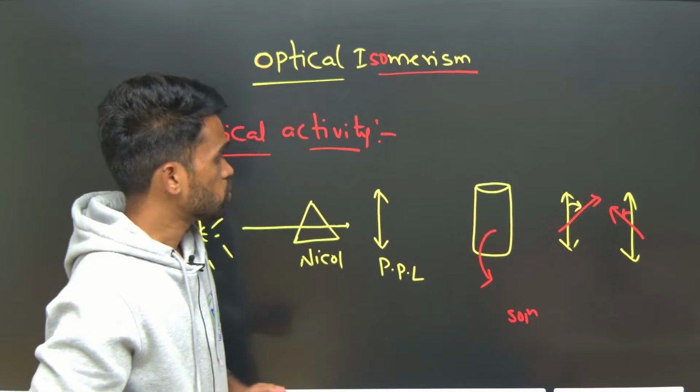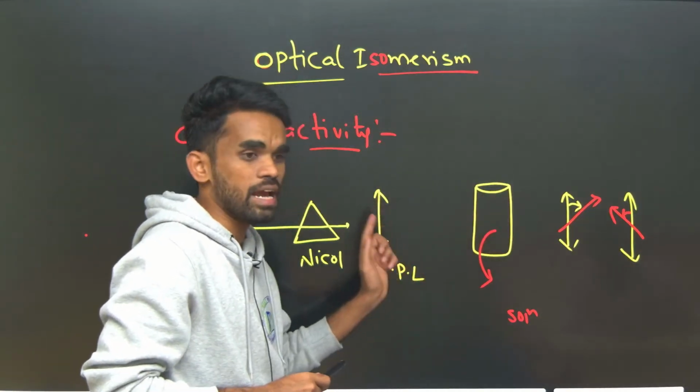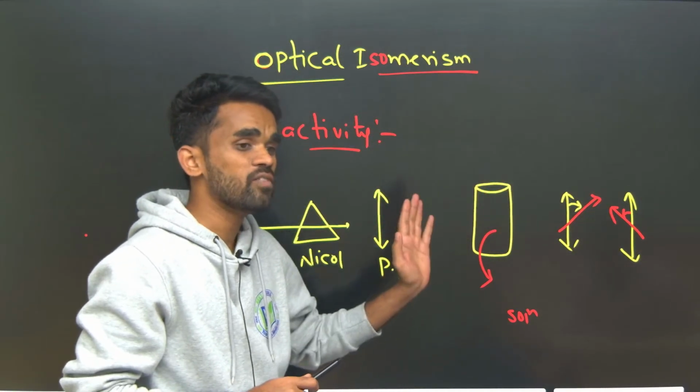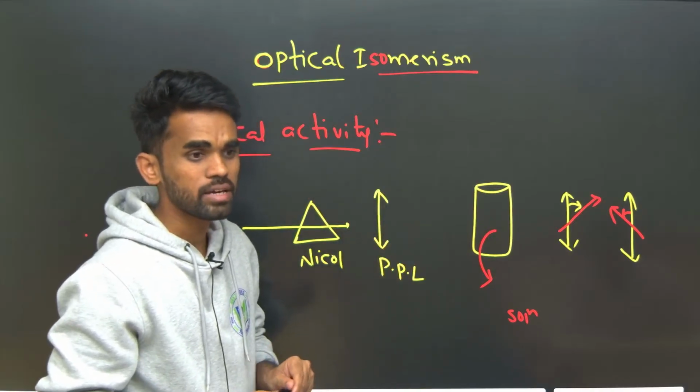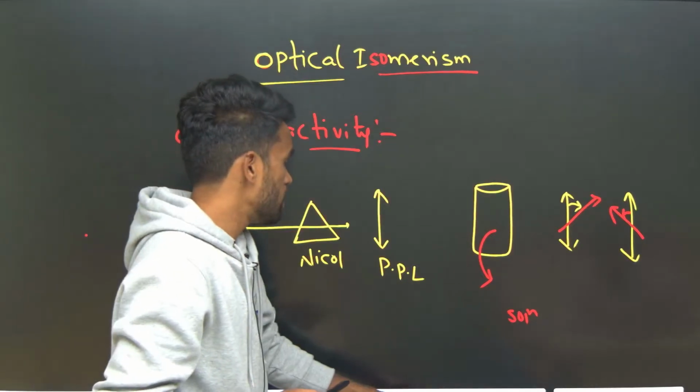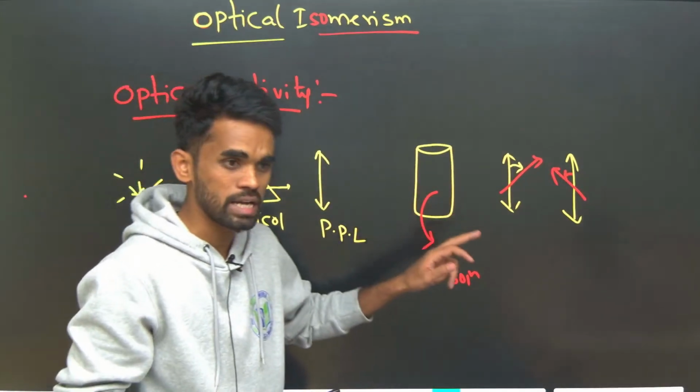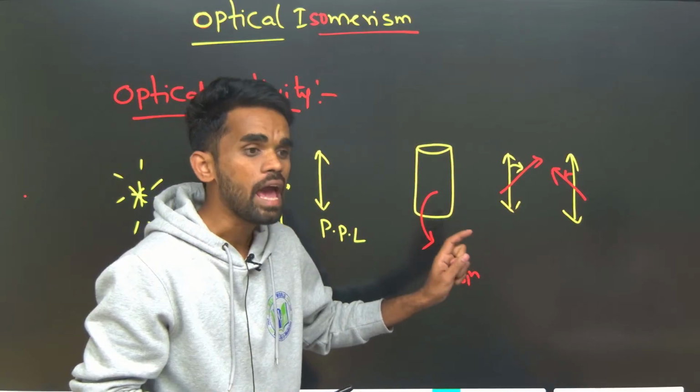This rotation of plane polarized light to the right side or left side is possible only with optically active compounds. Only those compounds which are optically active will rotate this plane polarized light.